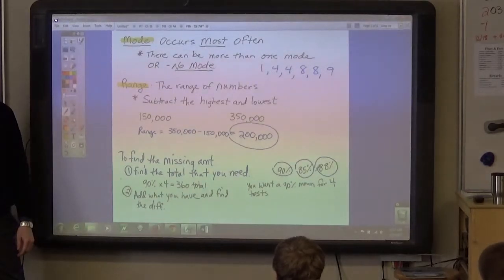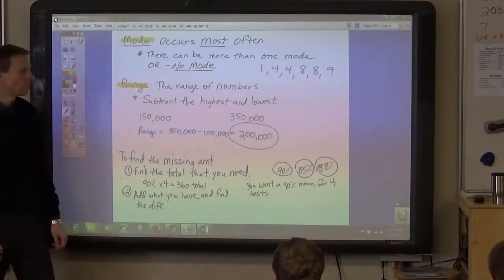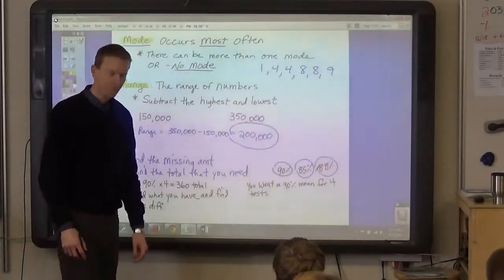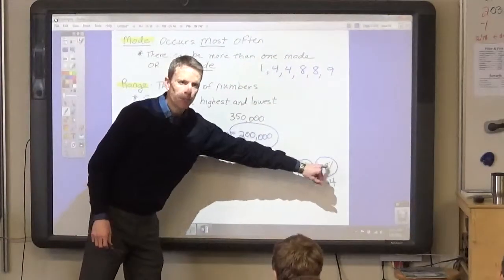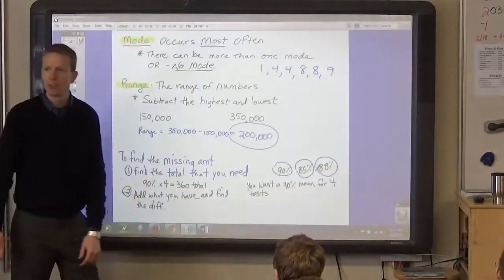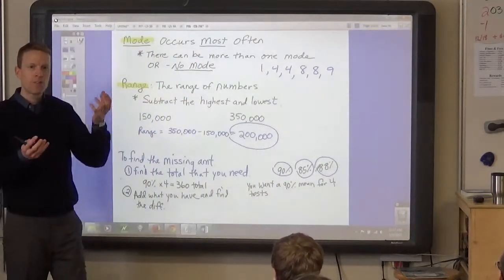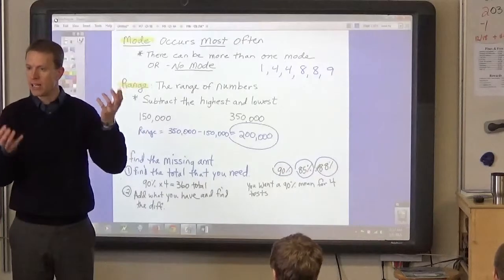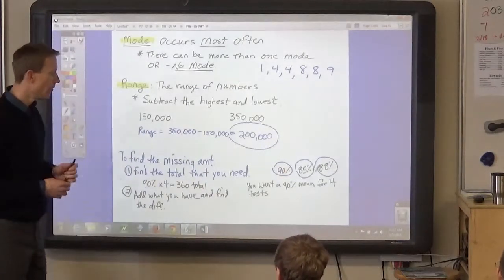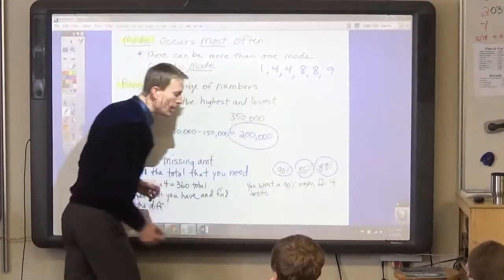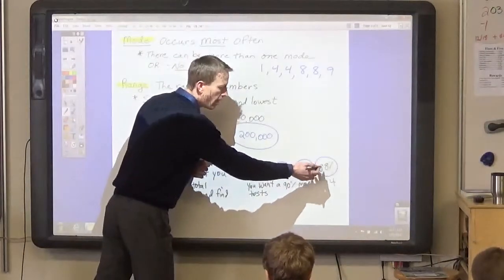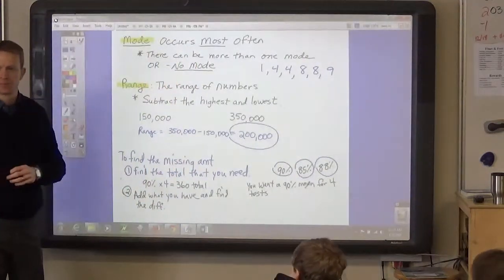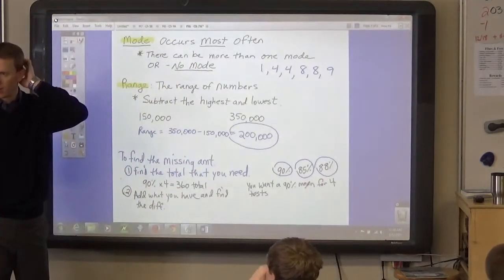Well, 98%. You might be able to do it in your head, but if you add up the ones you have, it's the difference in figuring out what you have and what you need. That's what you're finding. If you need 90% as a mean on 4 tests, and you have 90 plus 85 plus 88, how much do you have so far?